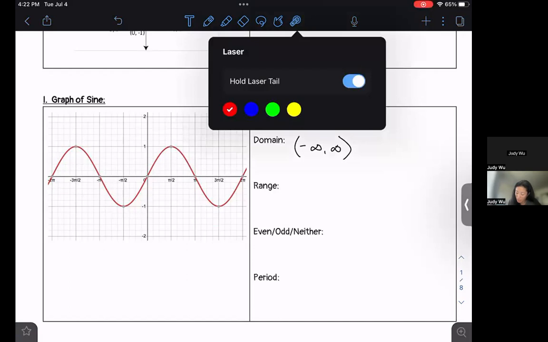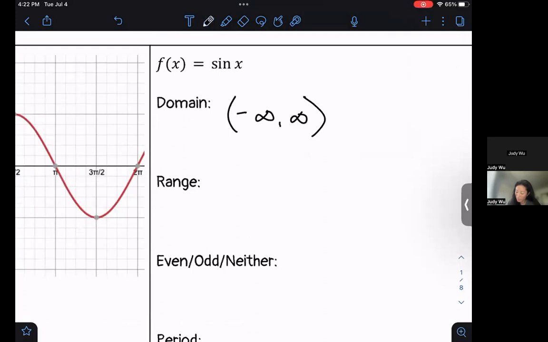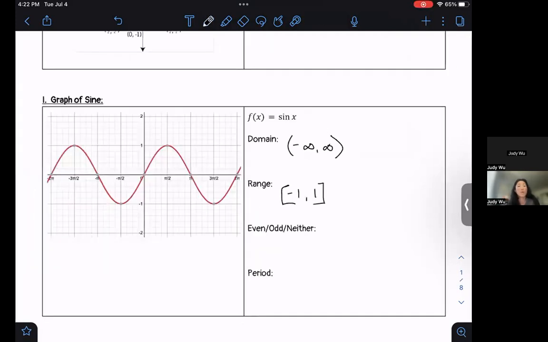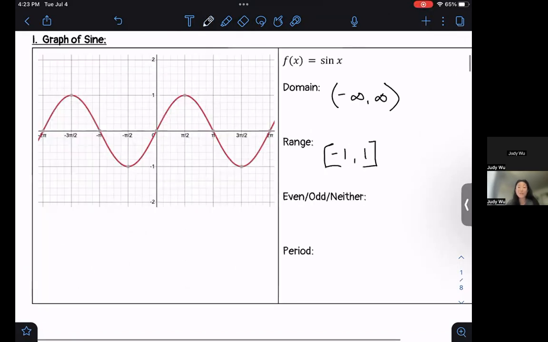We can see here that the lowest y value is -1, and our highest y value is +1. So when we say our range, we're going to say bracket, -1, +1, bracket. We want to make sure to use brackets because we're including those values at -1 and at 1.